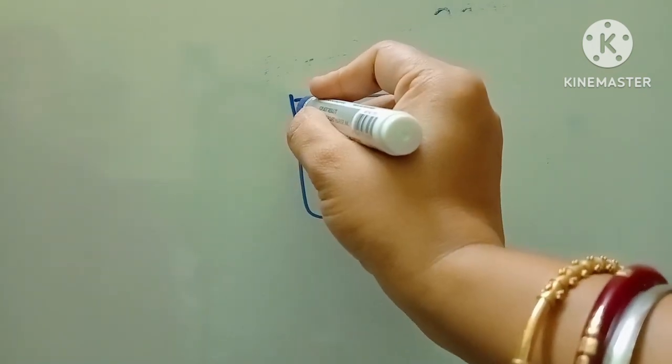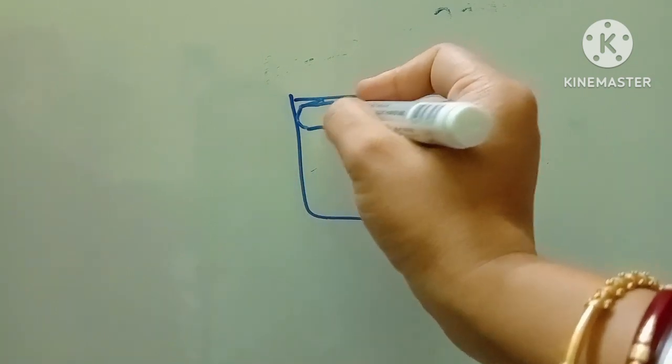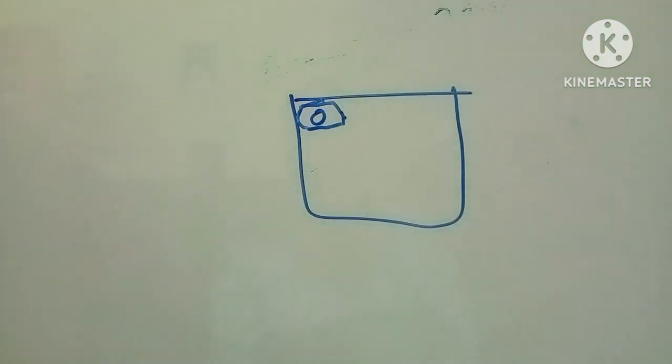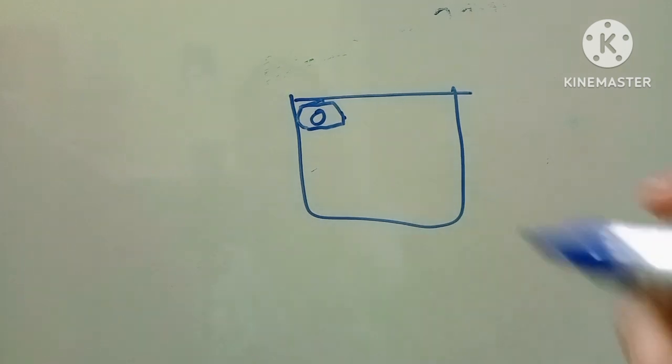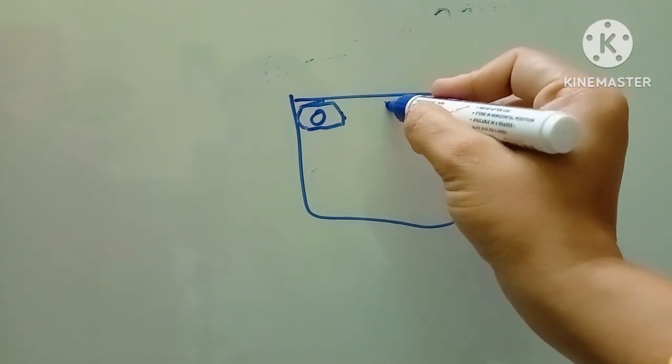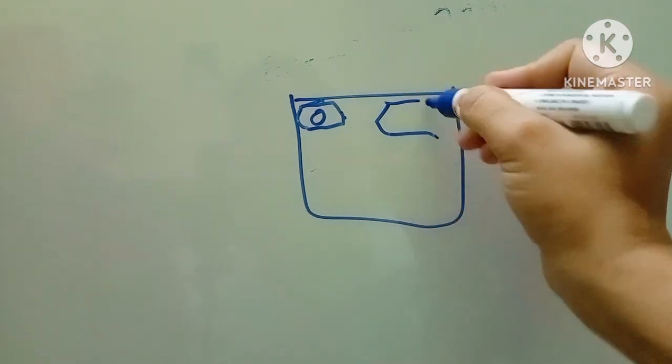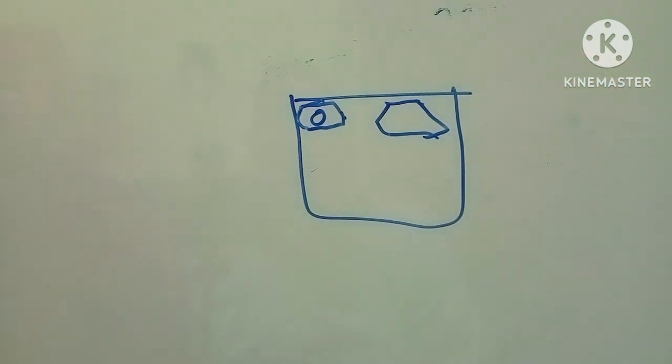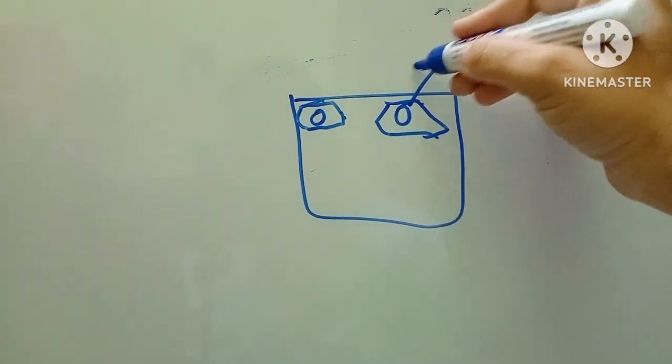Suppose this is the endothelium. This is the size and shape of a normal endothelium. What happens in this condition is that the size and shape become irregular, like this. So this is the condition.